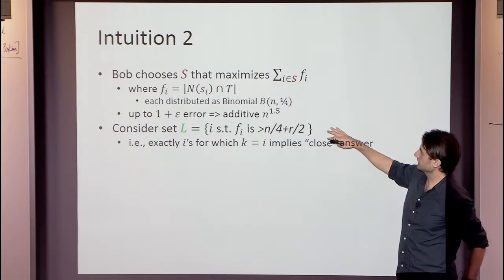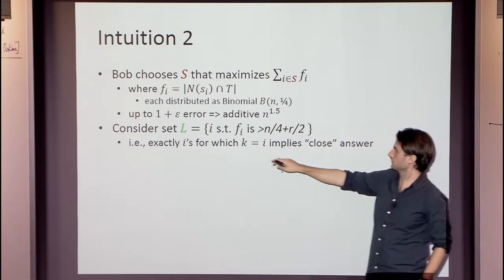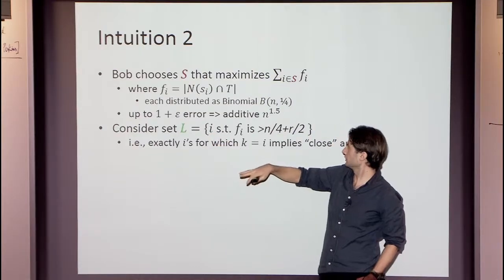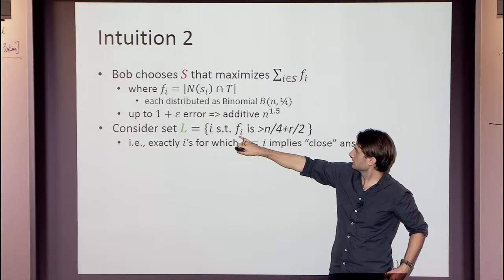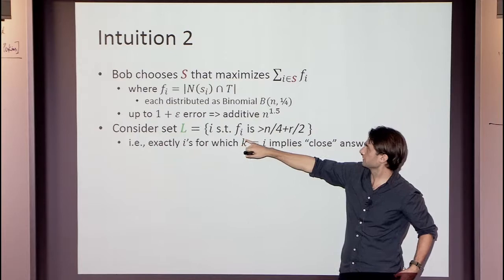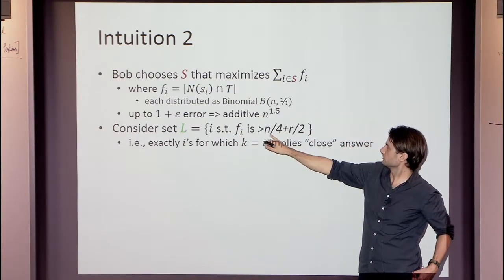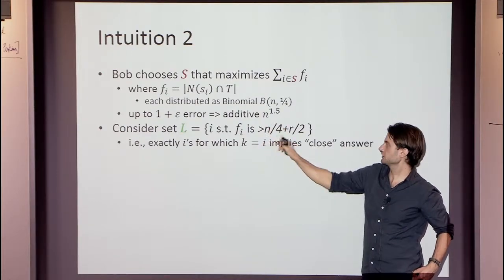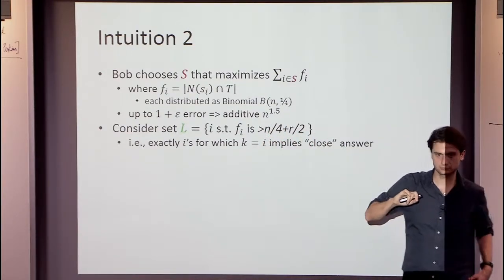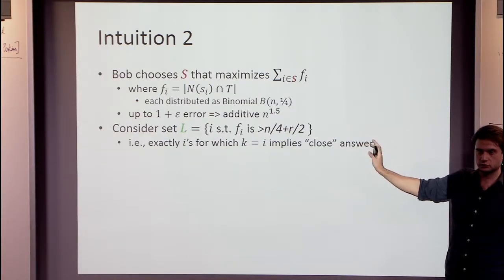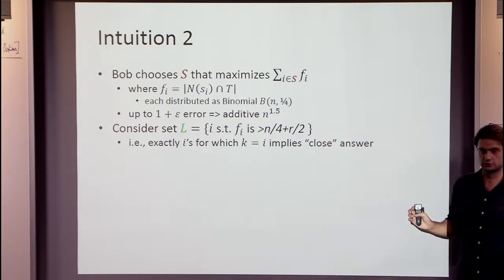Let me say this differently. Let me consider a set L of indices i on the left-hand side such that Fi, the number of edges between i and my set T, is bigger than the expectation plus standard deviation. Note that these are exactly the i's such that if k is equal to i, then the answer should be close.